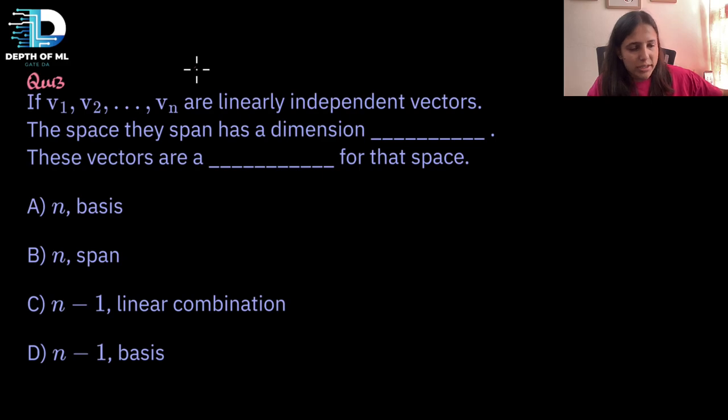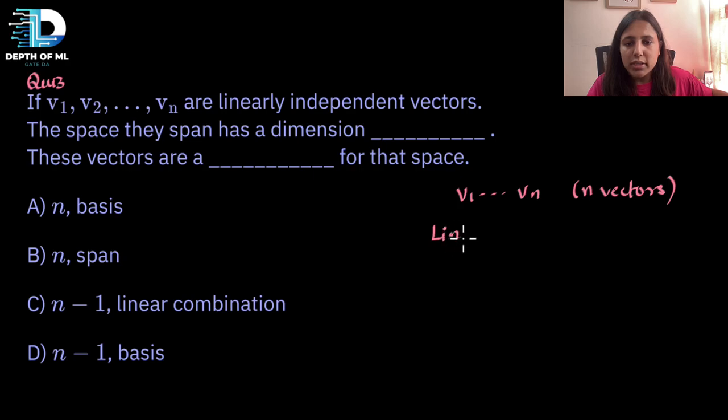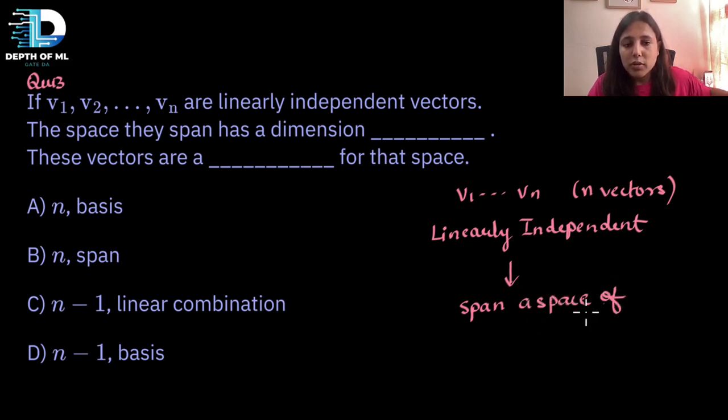First of all, let's see what information we have. We have v1 to vn, n vectors in total, which are linearly independent. What do we know about linearly independent vectors? If I have v1 to vn, that means I can span a space of dimension n.